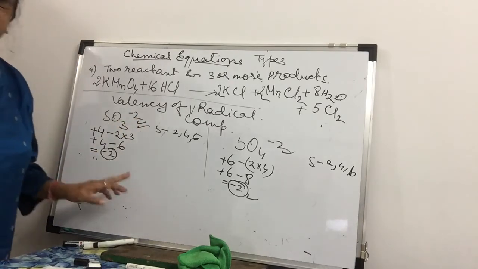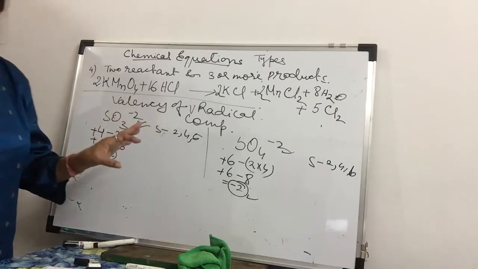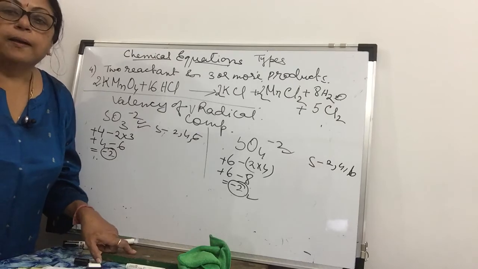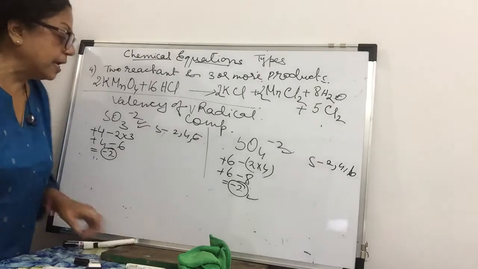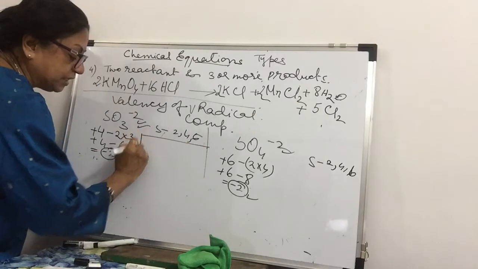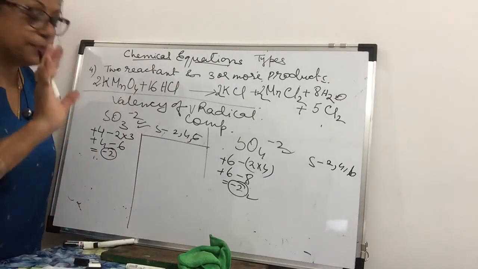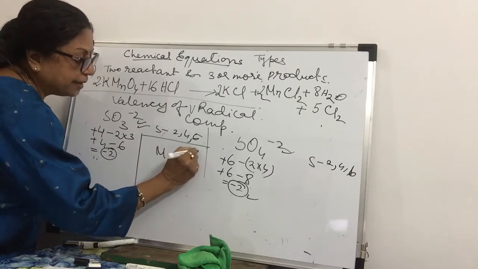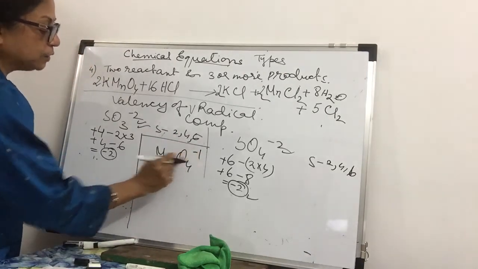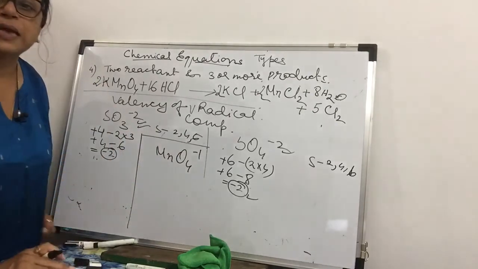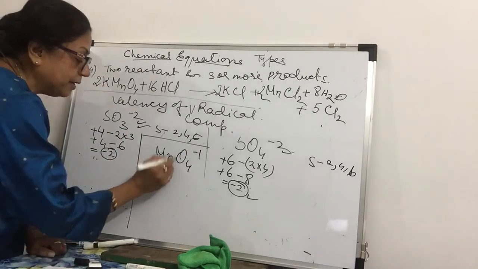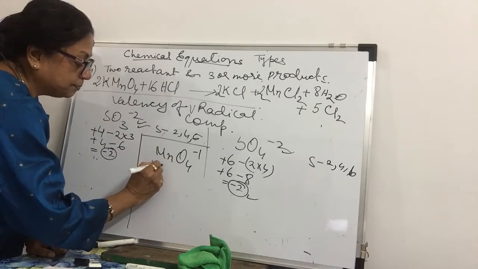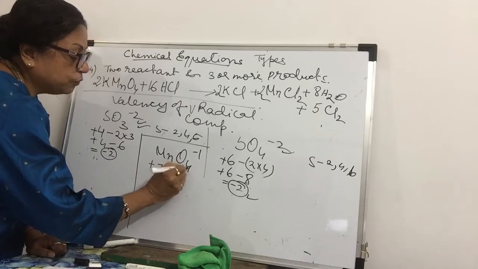This way you will get the valency of all the radicals. This is the way to find out the valency of the radicals. But there is an exception here which is beyond the scope of your syllabus, but I am still telling you. MnO4 minus 1. Here we take the valency of manganese to be plus 7 and minus 2 into 4, which is 8.